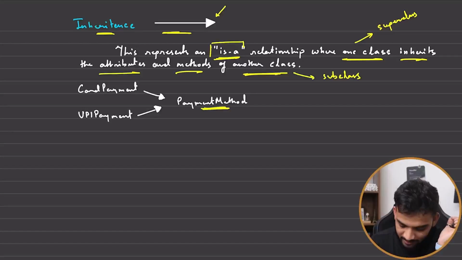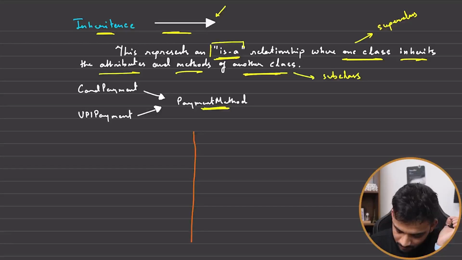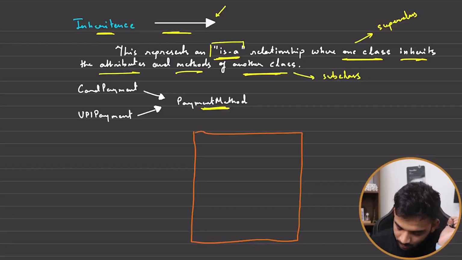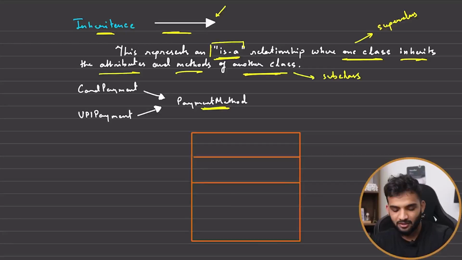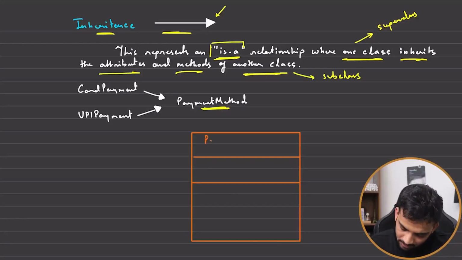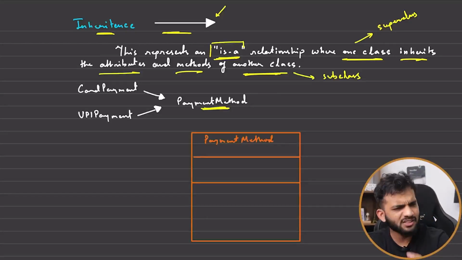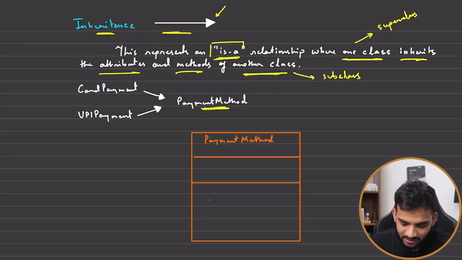Why? I'll explain. So again, using class diagrams, we could typically draw the payment method. We can have a middle compartment, and then we can have methods. So we'll have the payment method as the class name, and then certain attributes and certain methods.